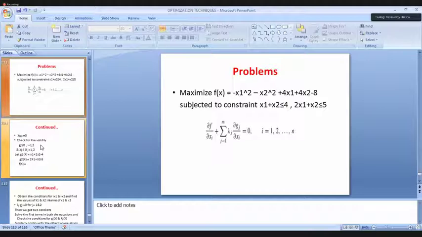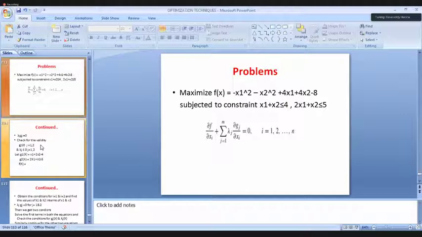So the equation is dou f by dou x1 plus summation j equal to 1 to m. The m value is 2. So dou f by dou x1 plus summation j equal to 1 to 2 lambda j dou gj by dou x1 equal to 0.